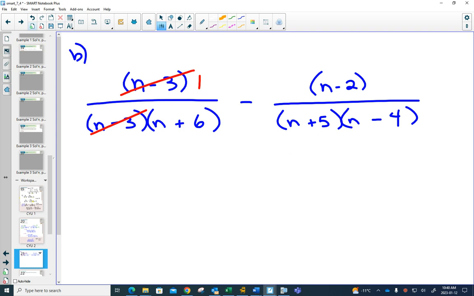Why is that nice? Because now, when I'm looking to get my common denominator here, I only need to add one of them to this one.